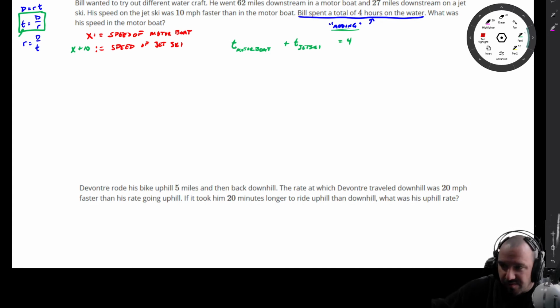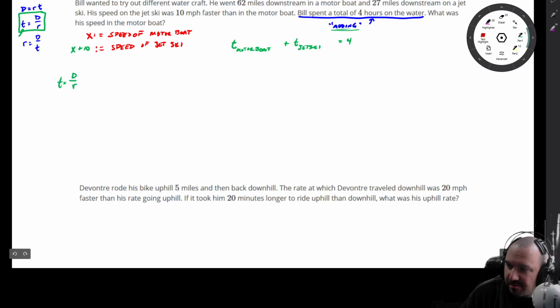So as we're moving through this, I notice that time is equal to distance over rate. Well, if I'm talking about the motorboat, then I need the time of the motorboat, so I need the distance of the motorboat and the rate of the motorboat. Those are the two things I need. I can't mix and match.